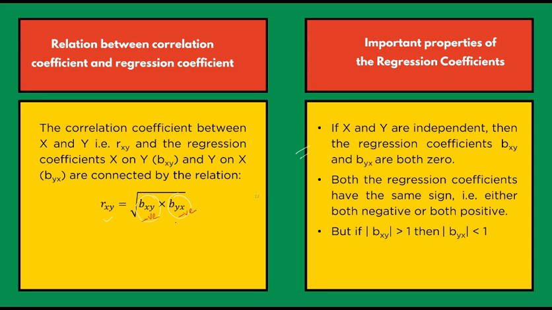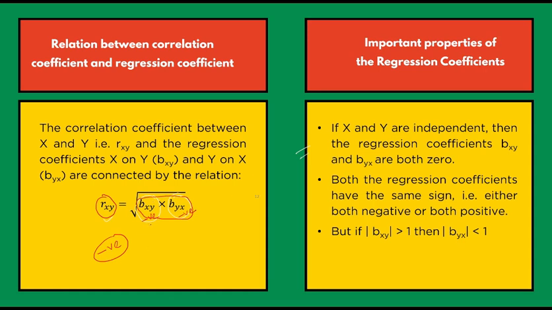Negative multiplied by negative gives a positive quantity, so the quantity under the root sign becomes positive. If both are positive, it is always positive. That means rxy will always give you a positive value. But we know that correlation can be negative also.